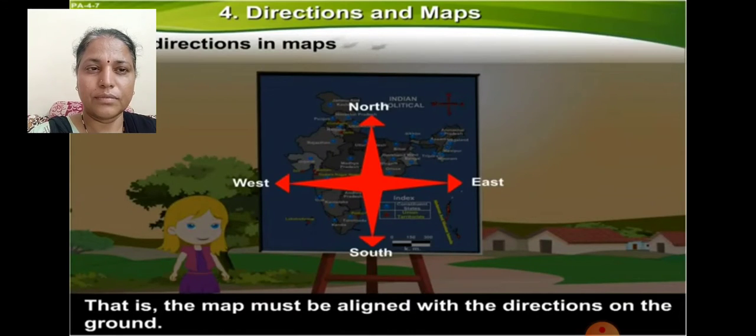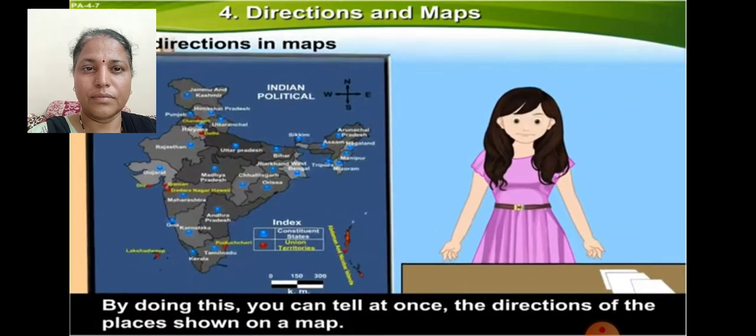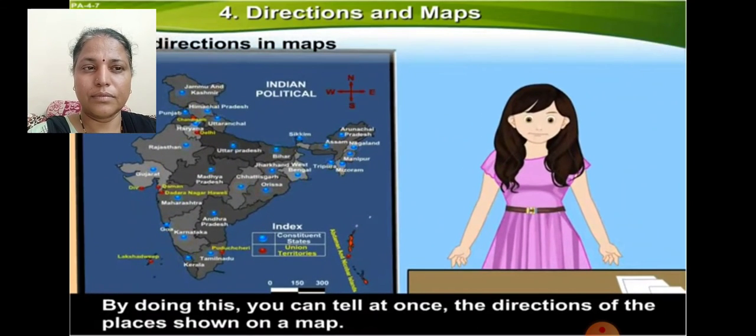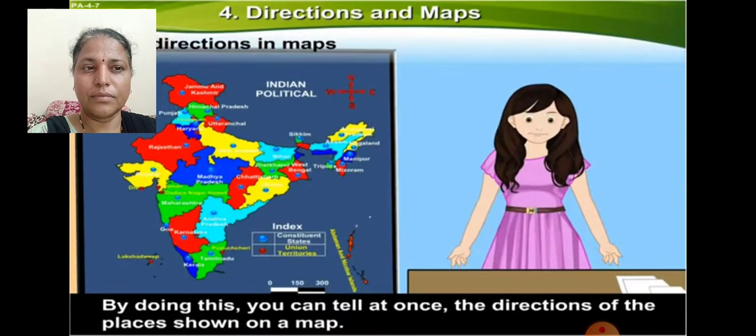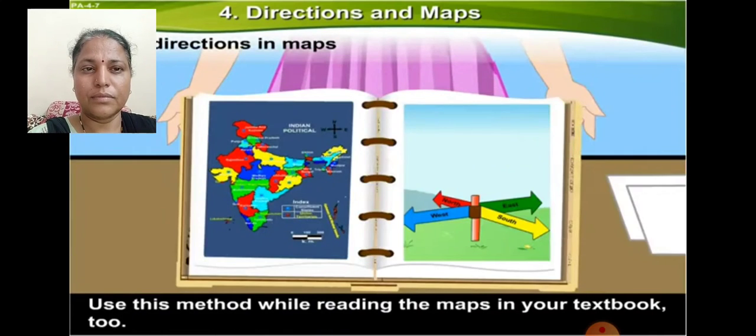That is, the map must be aligned with the directions on the ground. For example, the east on the map must be matched to the east of your surroundings. By doing this, you can tell at once the directions of the places shown on a map. Use this method while reading the maps in your textbook too.